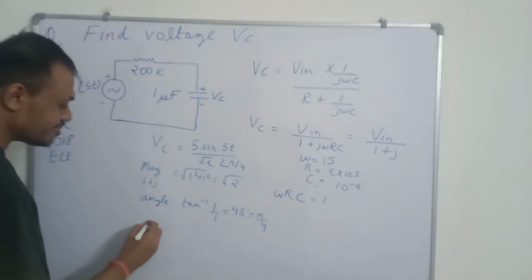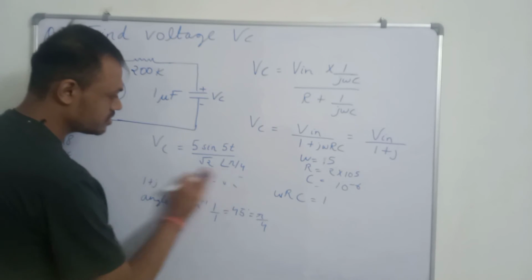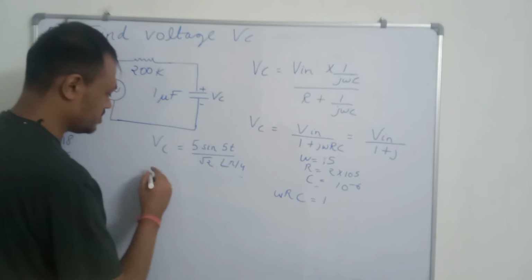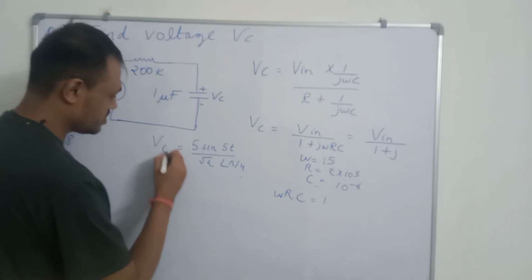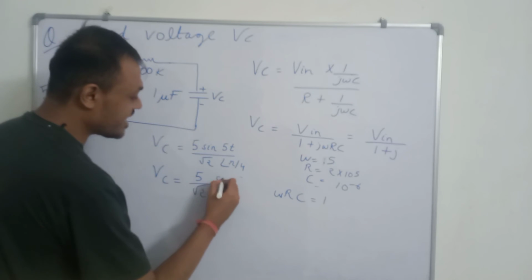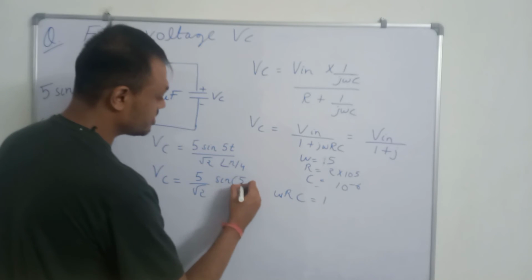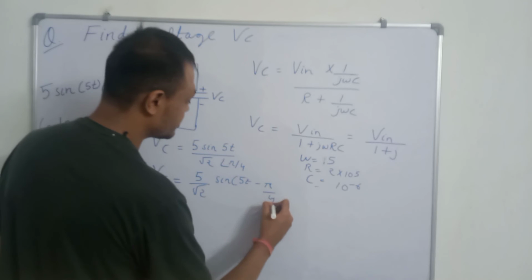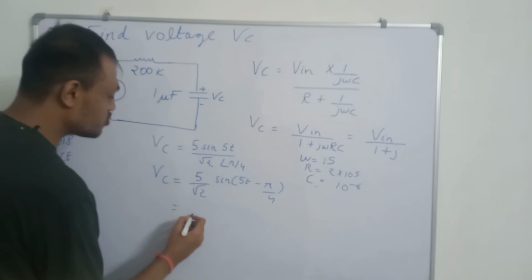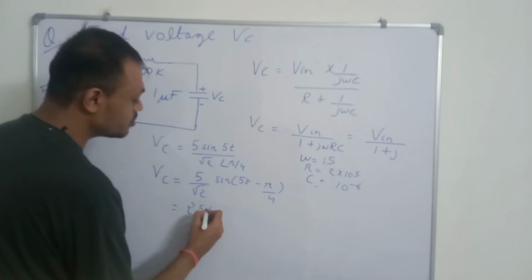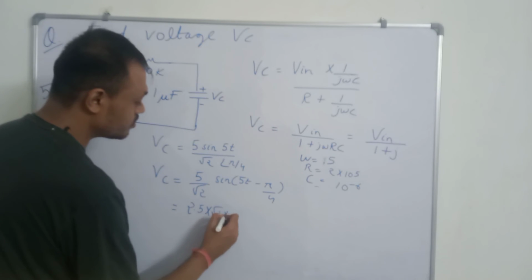So Vc will be equal to 5 upon root 2 sine of 5t minus pi by 4. So 5 upon root 2 can also be written as 2.5 into root 2 into root 2 upon root 2.